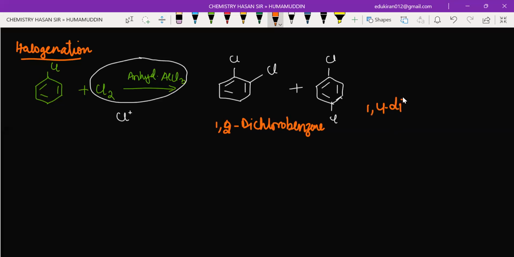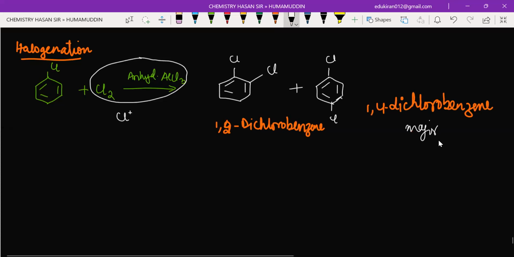Can anyone tell me which one is more stable? This will be your major product, and this will be your minor product, because there will be steric hindrance between these two chlorines. So that's why. Please do write it.